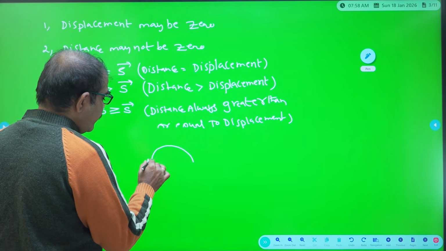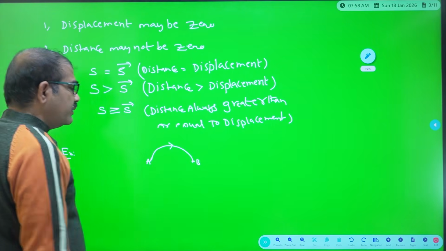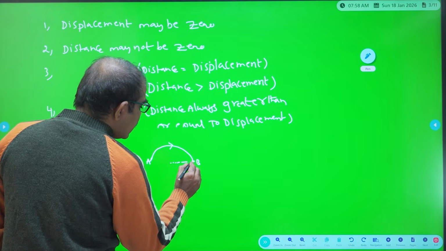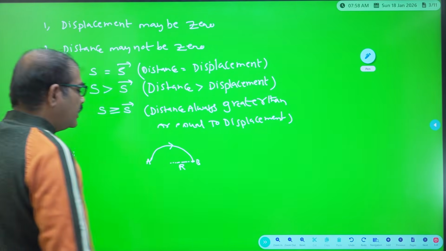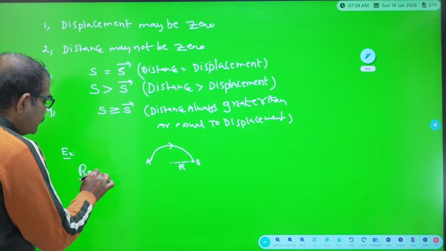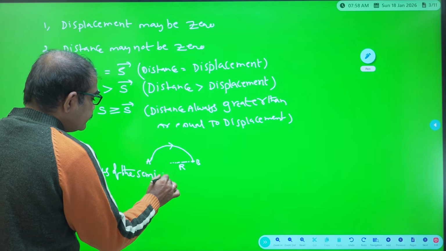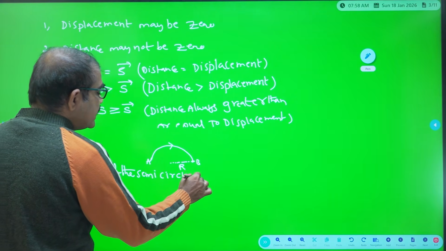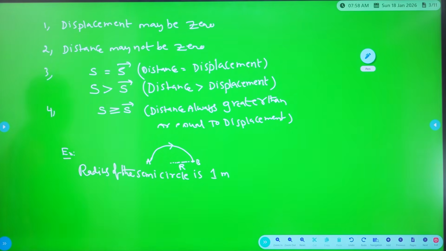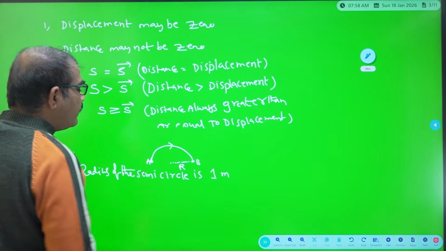This is A, this point is B. The body is moving from A to B. A is the initial point, B is the final point.